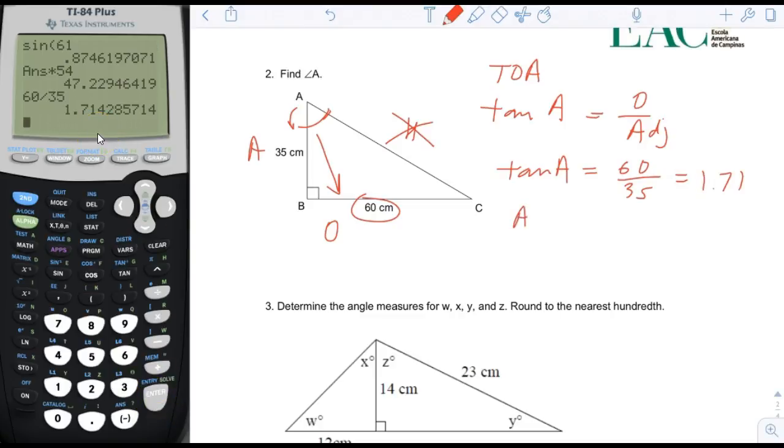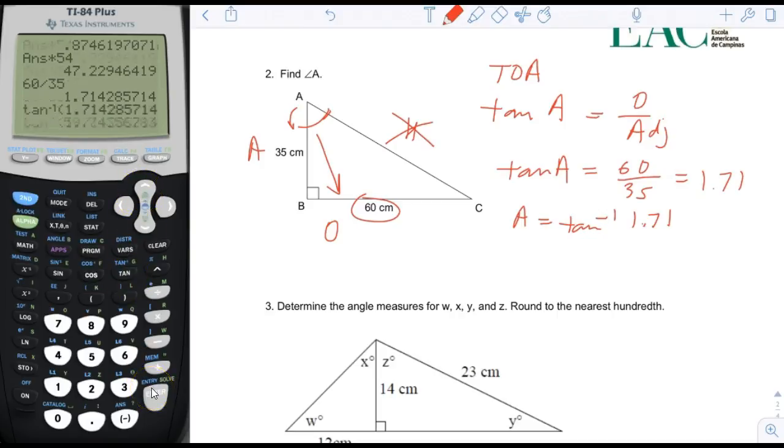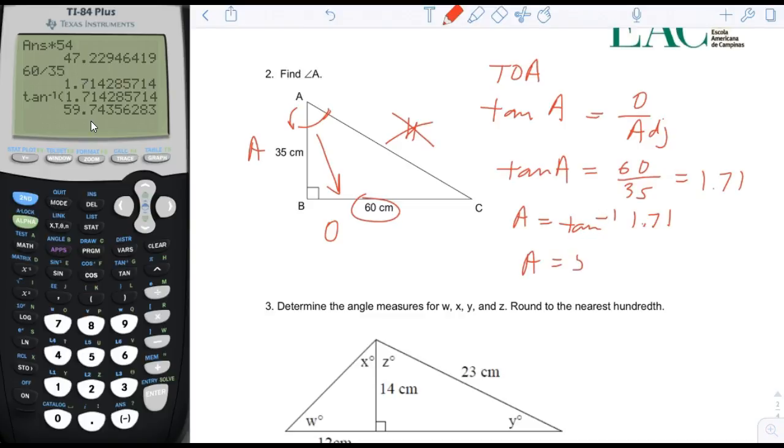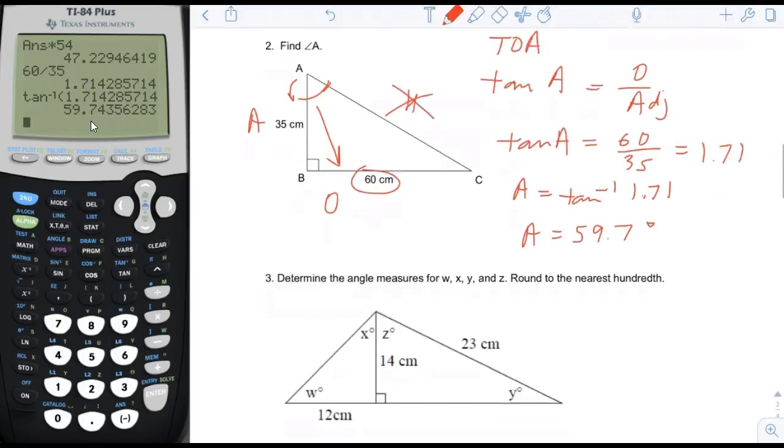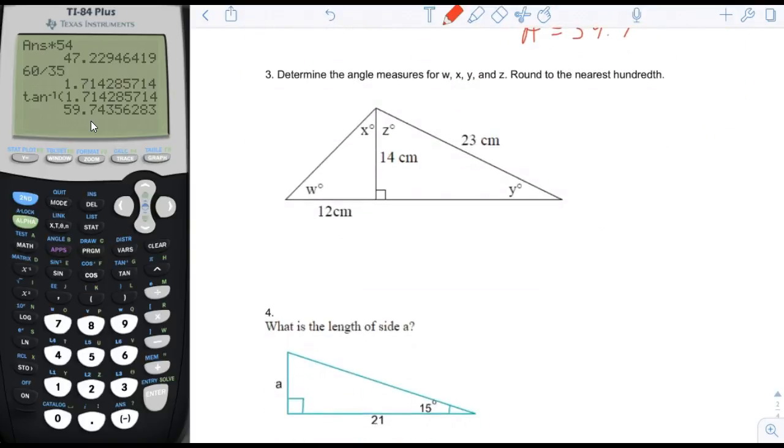Now how do we find angle A? We're going to have to take the inverse tangent of both sides. Inverse tangent of tangent cancels out. So we want the inverse tangent of 1.71. Second tangent, inverse tangent of 1.71 gives me 59.7 degrees. So A is equal to 59.7 degrees. Let me check that answer, make sure it's right. Yeah, it is. Okay. Next question.